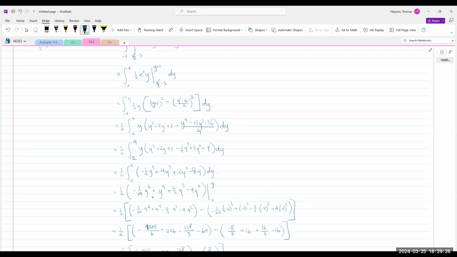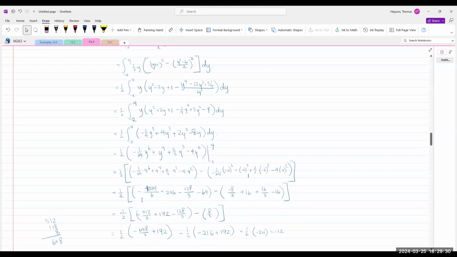So this will be plus, this will be plus, this will be plus. So this will be plus, this will be minus. So this will be plus, if that minus is 24, negative 24 over 3.